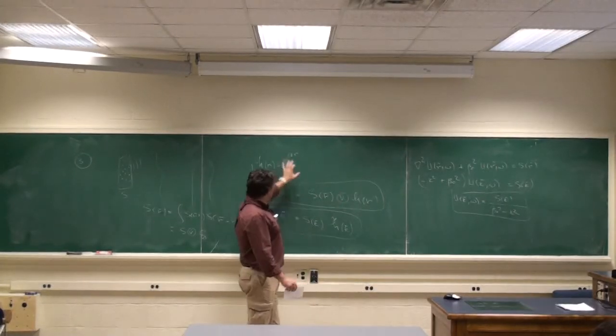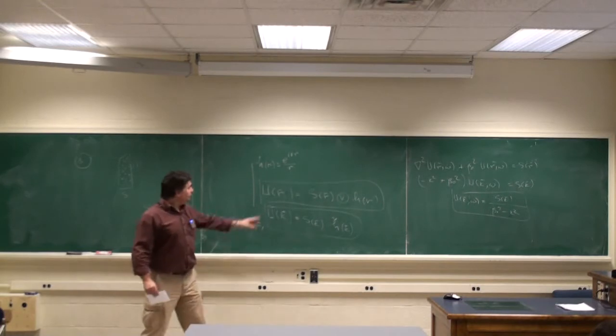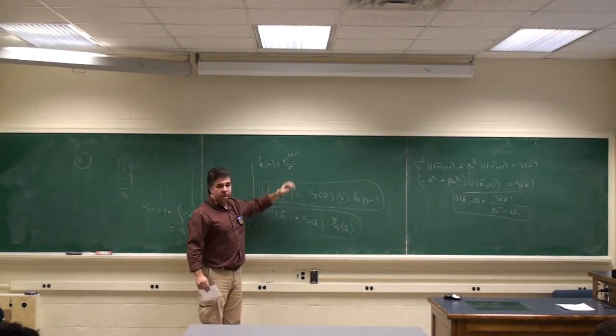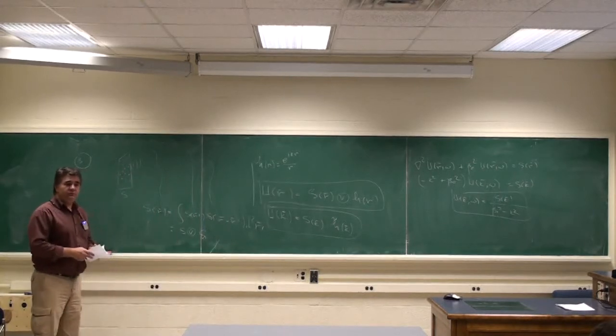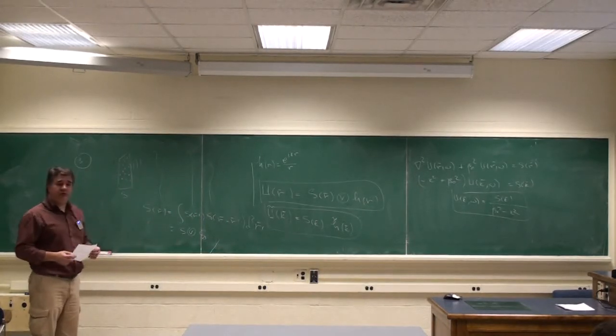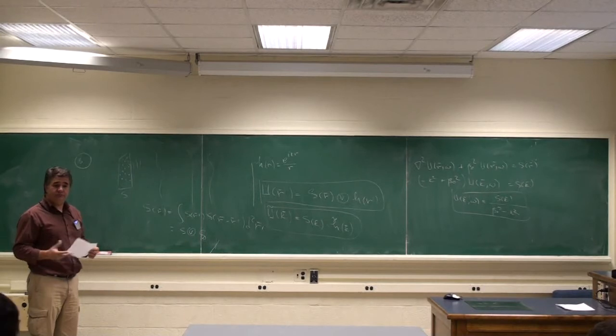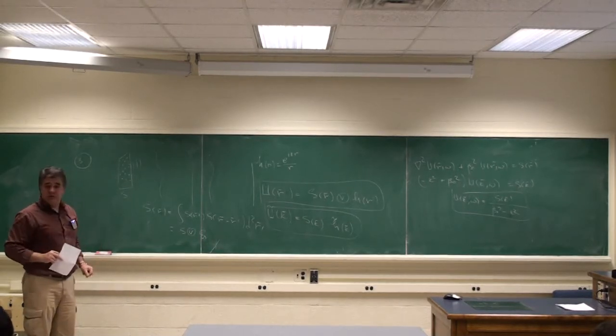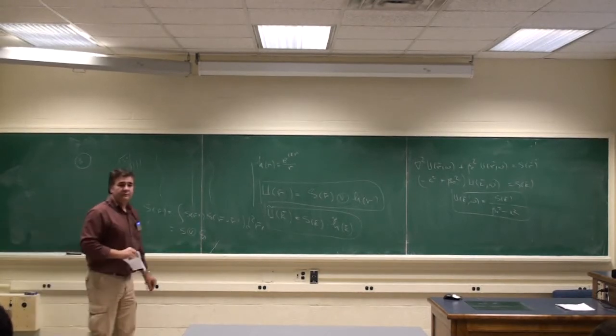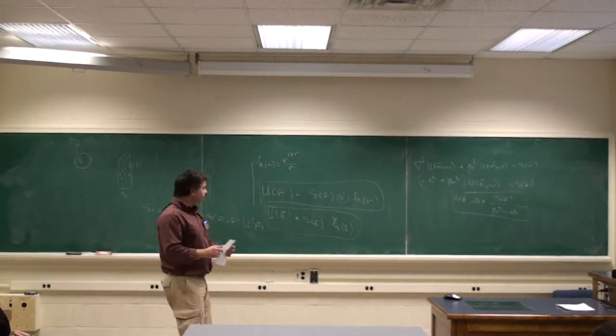If you approximate this with the Fresnel approximation, so you make this into a parabola, that is sometimes called a Fresnel transform as opposed to a Fourier transform. Are we comfortable with this? Right? Okay then.